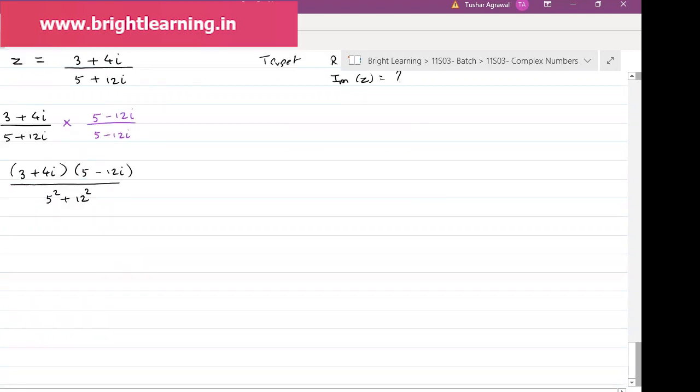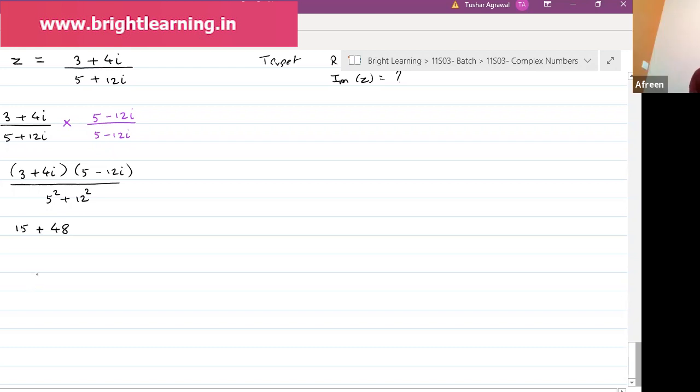Now in the numerator, 5 3s are 15, 12 4s are 48 with a negative sign, but i square is there, so I will have to change that sign, correct? Yes, sir. And then 5 4s are 20i and negative 36i. 20 minus 36 is minus 16 times i.